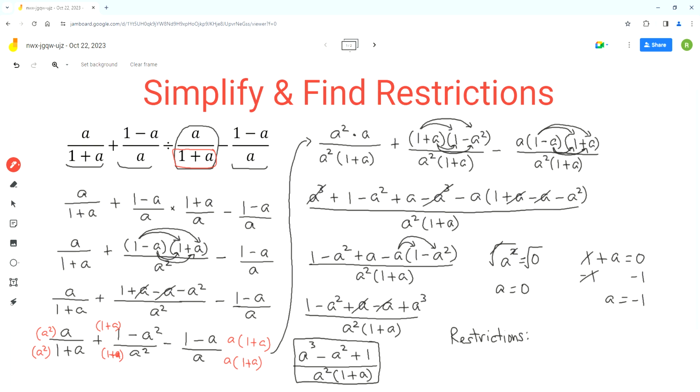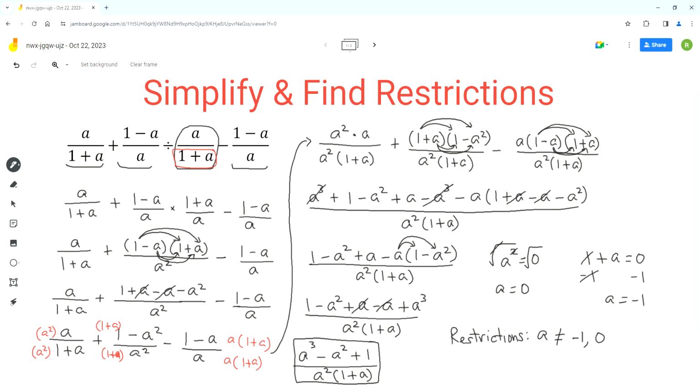So we do not need to analyze it again because we should not repeat a restriction. But this is something you have to keep in mind, that you also have to consider the denominator of the fraction being divided to identify the restrictions. So in this case, there are only two restrictions, so that a cannot be equal to negative 1 and 0.